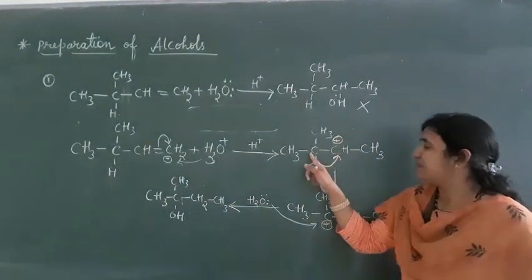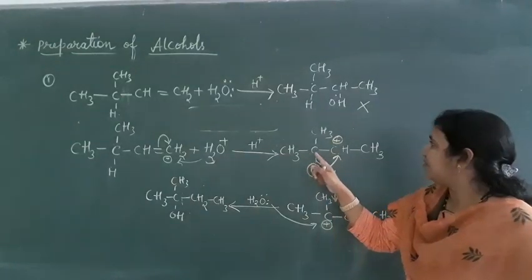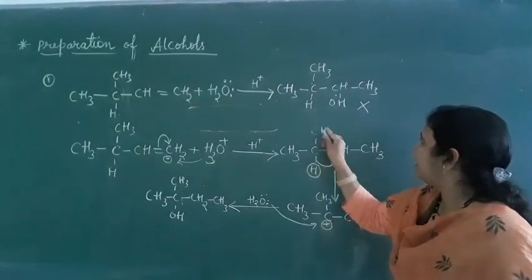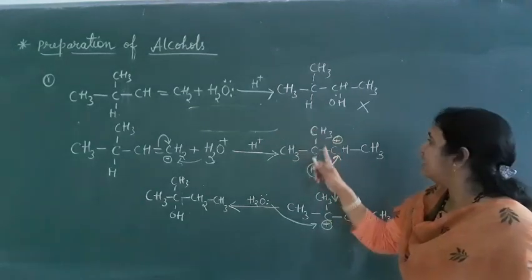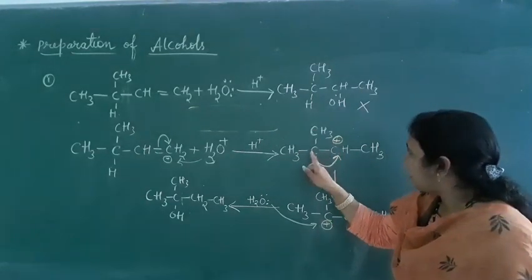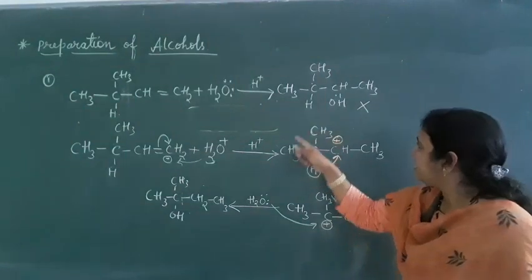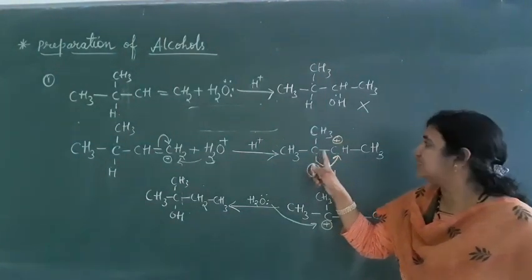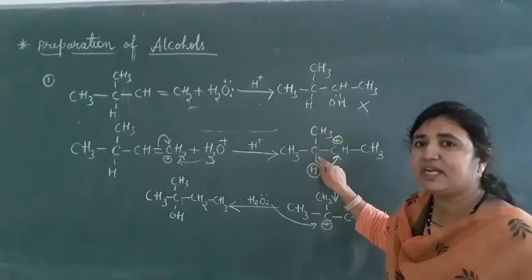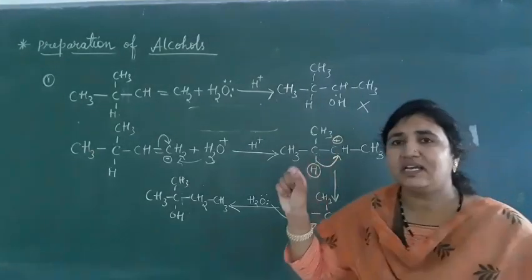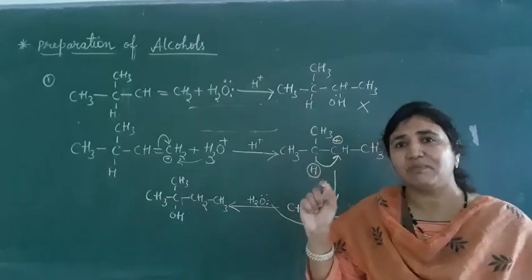But beside this carbon, there is a carbon attached to three other carbon atoms. That means if the positive sign comes here, then it is a tertiary carbocation. So we can convert this carbon into a tertiary carbocation. How?